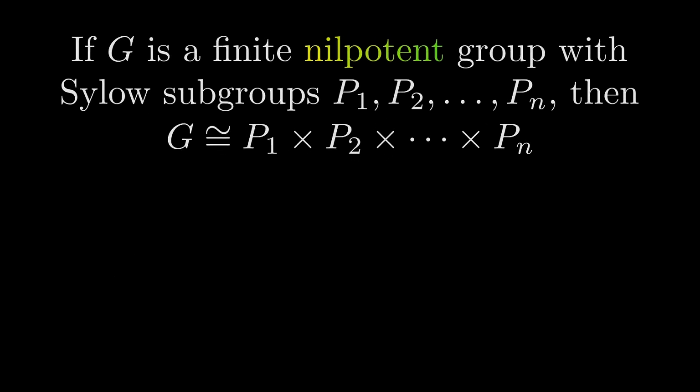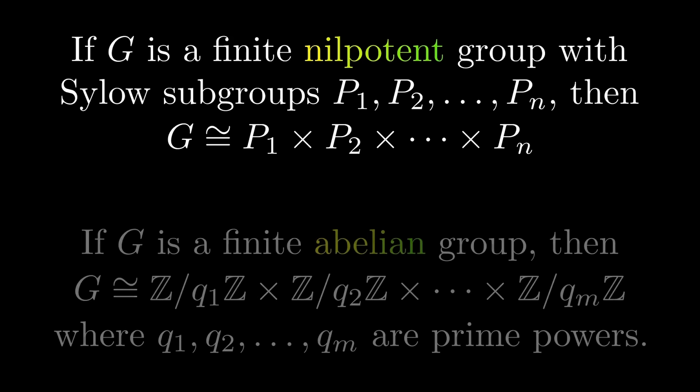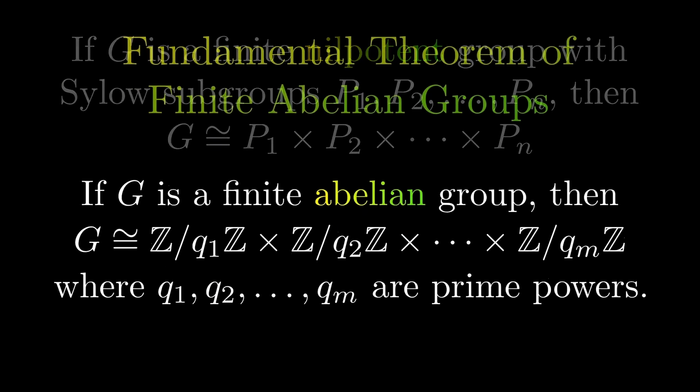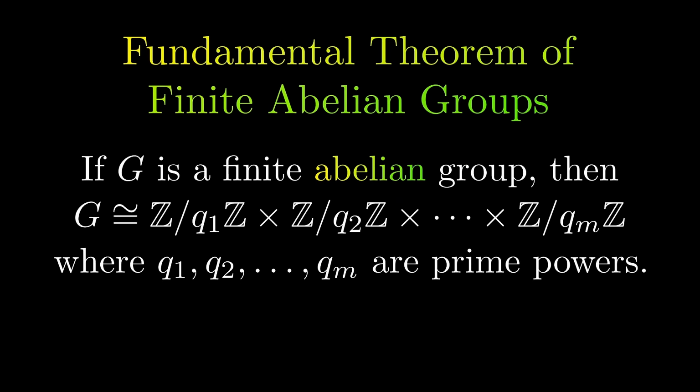If we have a nilpotent group and have all of its Sylow subgroups, then the group is isomorphic to the direct product of all its Sylow subgroups. For abelian groups, we can make an even stronger statement, as here the group is always isomorphic to some direct product of the integers modulo some prime powers. This is known as the fundamental theorem of finite abelian groups.